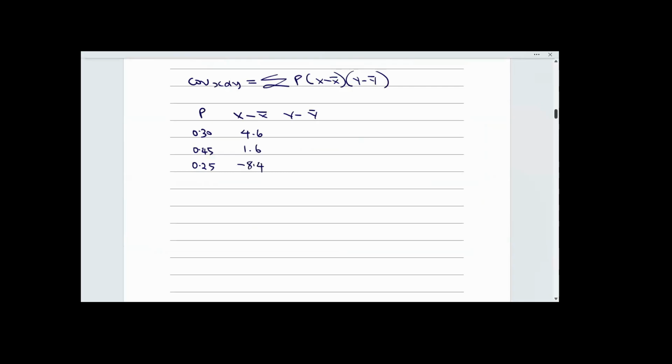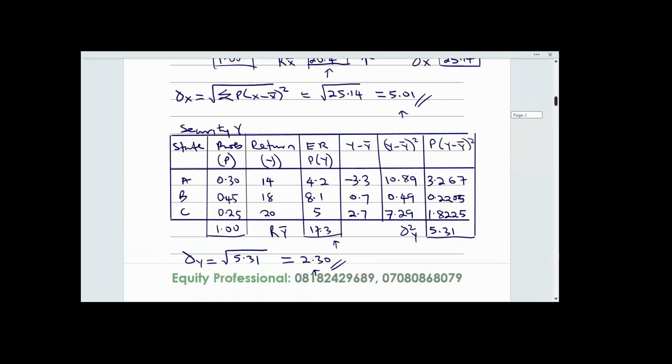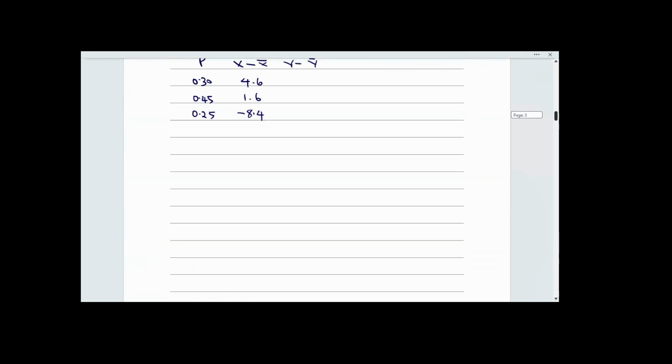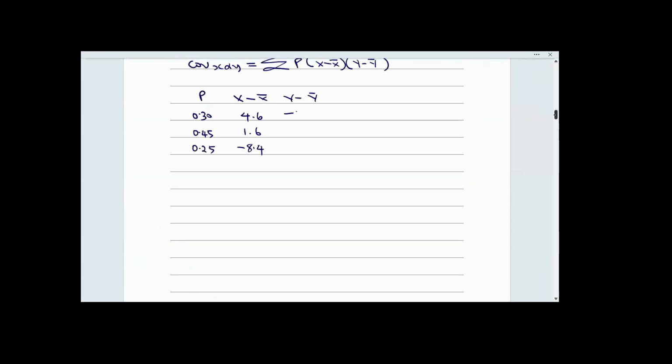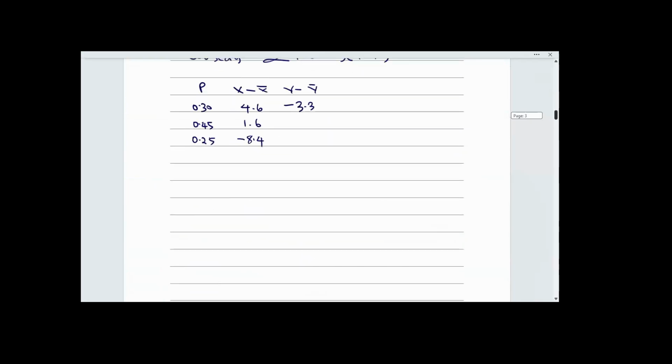For Y minus Y bar, we have minus 3.3, 0.7, then 2.7. Let me confirm: yes, 0.7 and then 2.7.